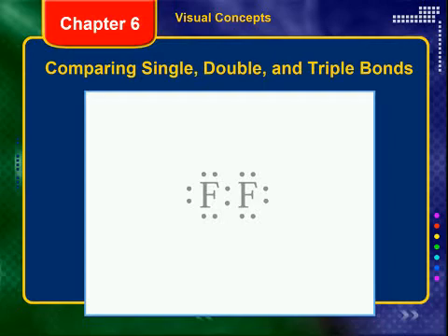Each is represented by a single bond between the symbols for the elements involved. Double covalent bonds are formed when two pairs of electrons are shared between two atoms.